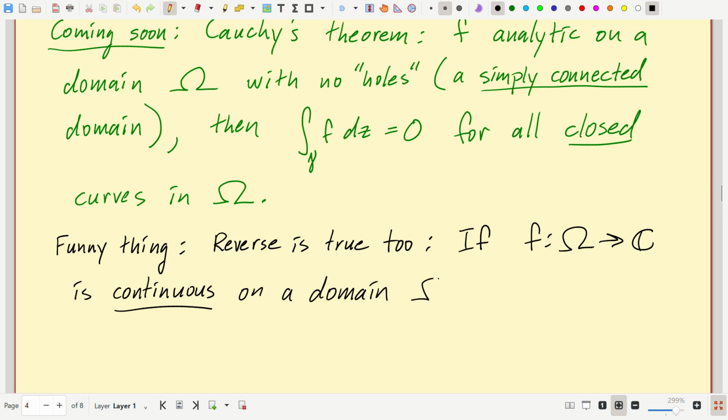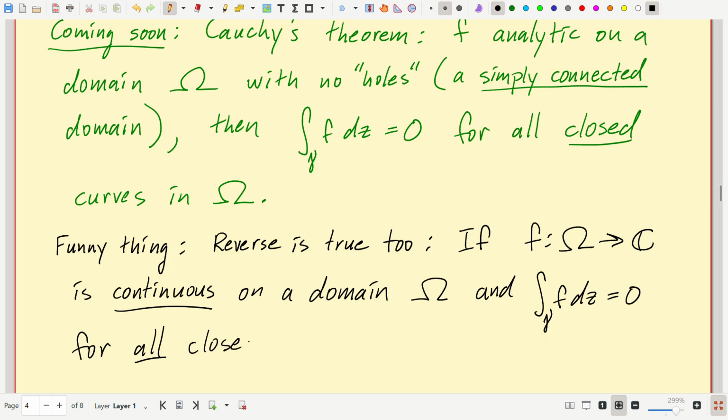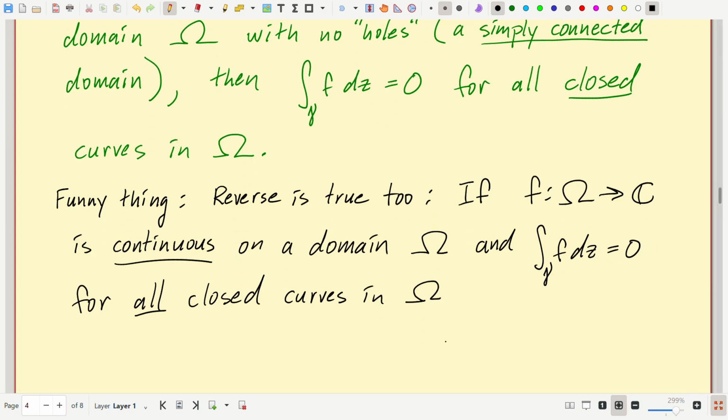On a domain omega, and the integral around every closed contour is 0, all closed curves in omega, then f is analytic. And the moral of the story is we have to study complex integrals.